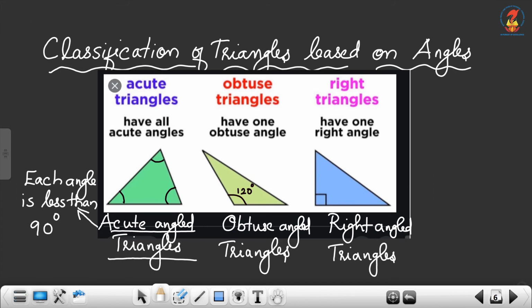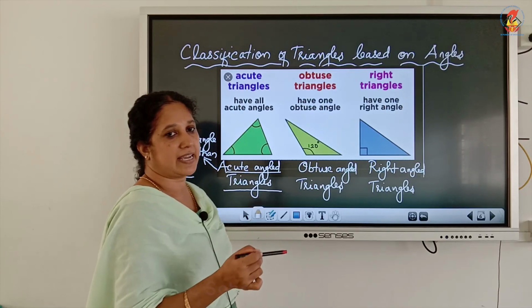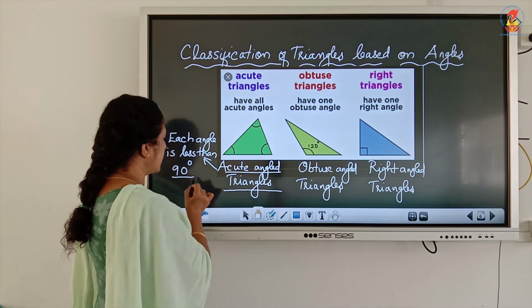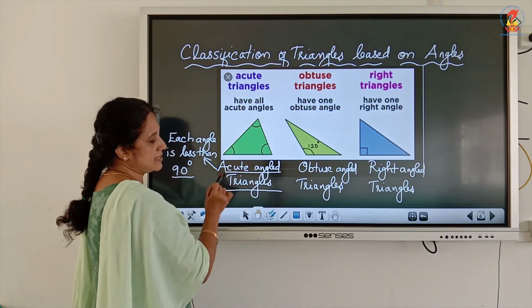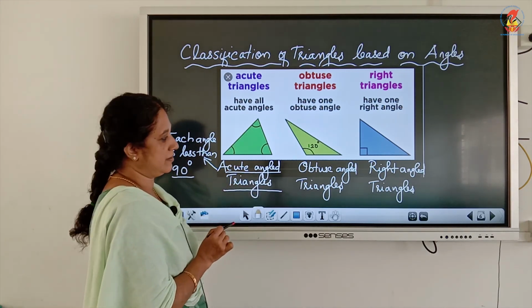A triangle has three angles, and if all the angles are acute, that means the measure of each angle is less than 90 degrees, we can call it an acute angle triangle.